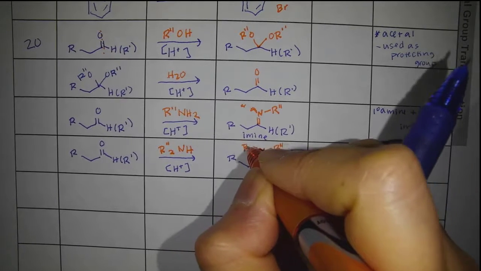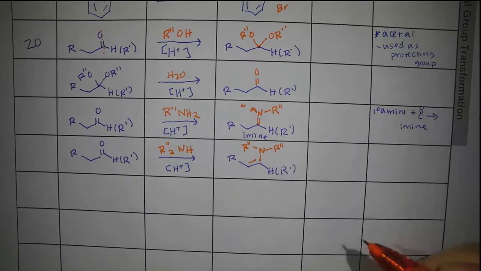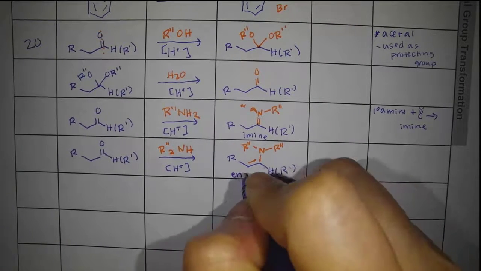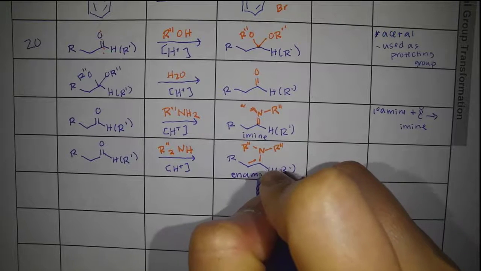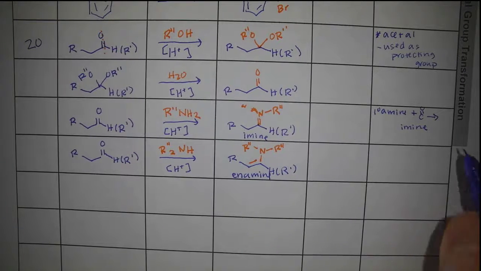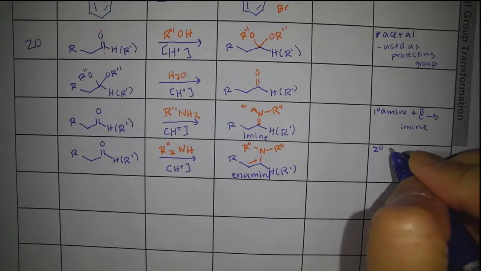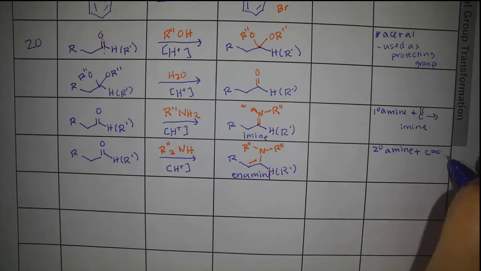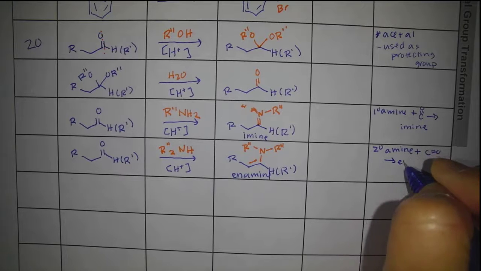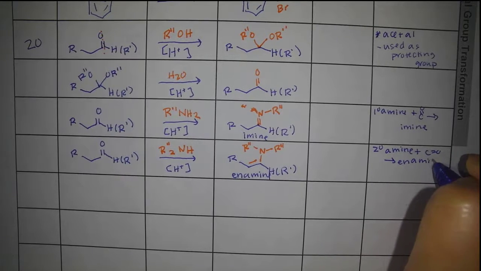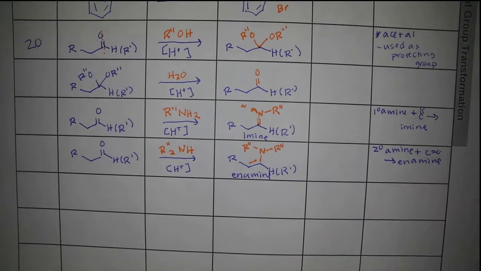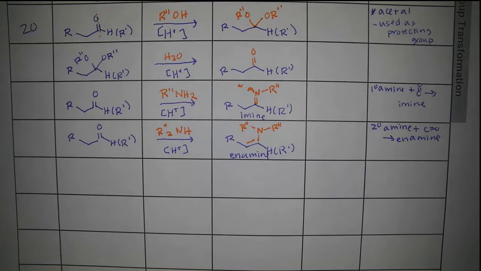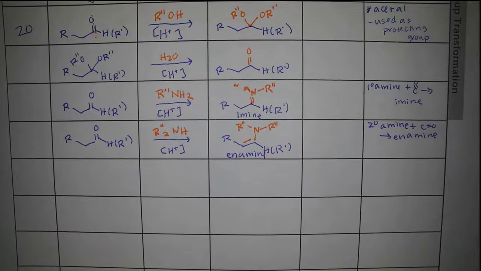Both R's come along, and then we're going to form an enamine. The ene for the double bond, and the amine for the nitrogen. So secondary amine plus carbonyl gives you an enamine. All right, questions on that one?